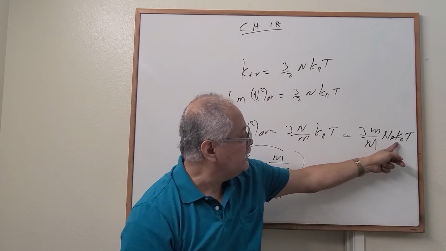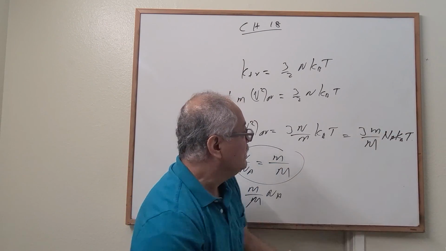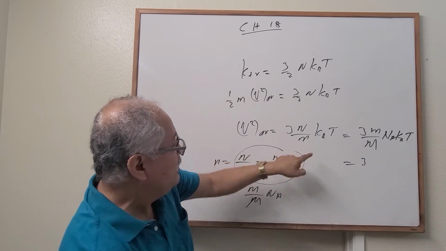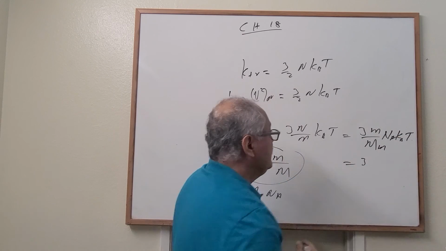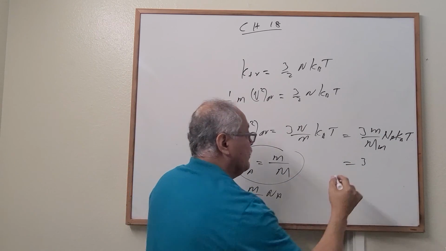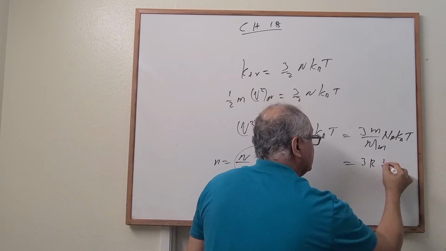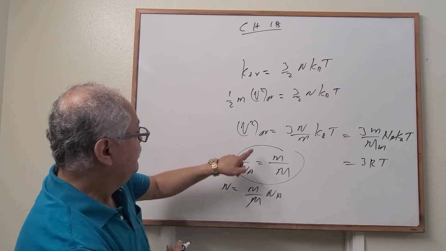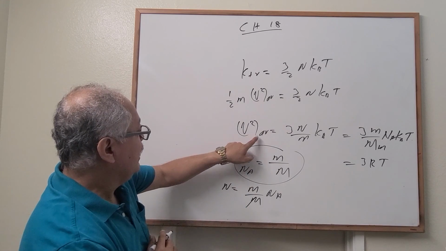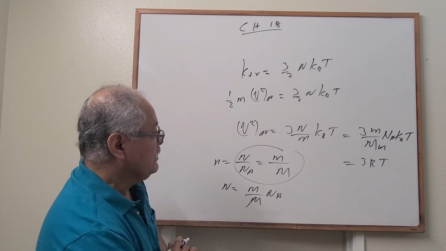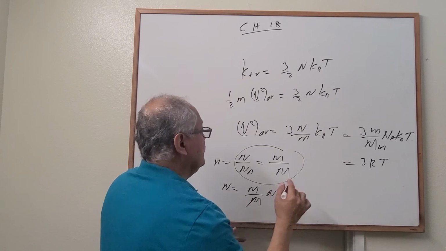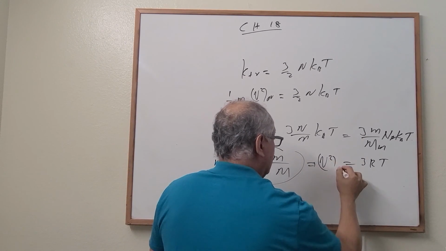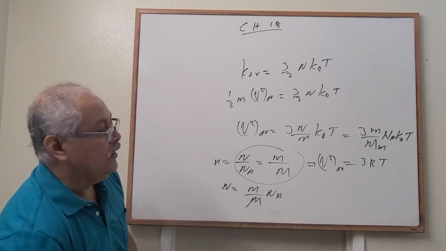But remember, this is a constant too, so this is equal to 3. Also, we have m's right here. Look, this m cancels with this m, and this is equal to 3RT. 3RT is going to be this average square velocity. So from here we have that this average square velocity is equal to 3RT.